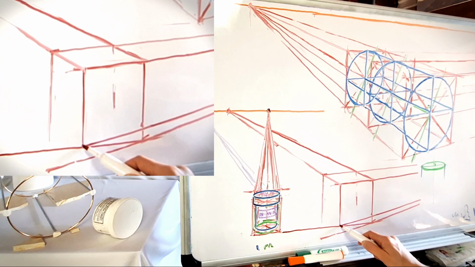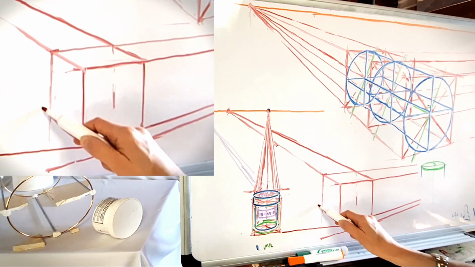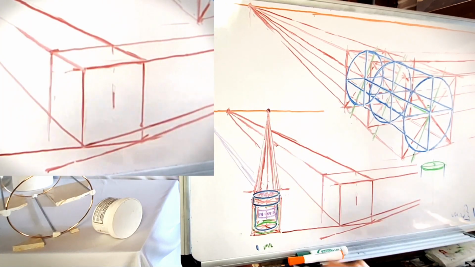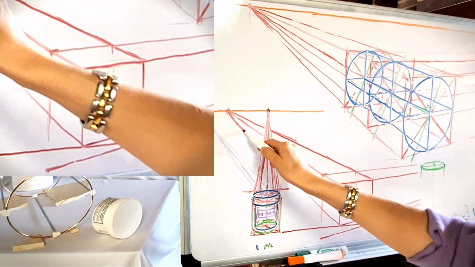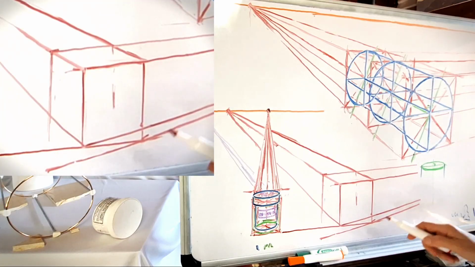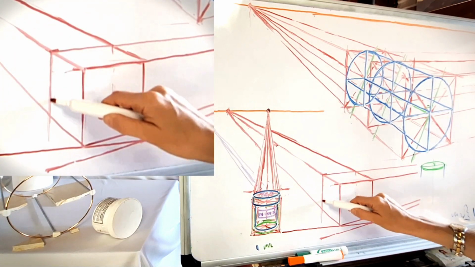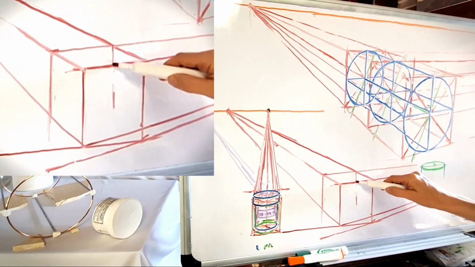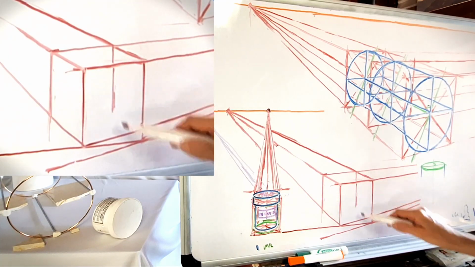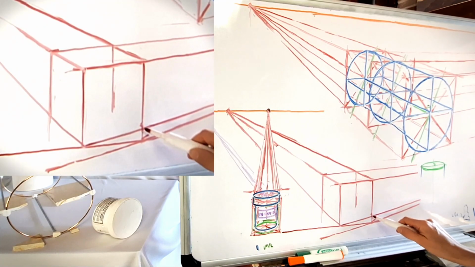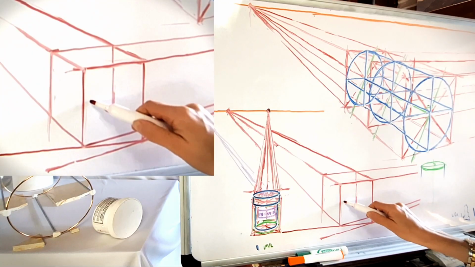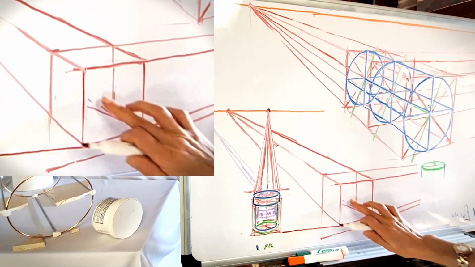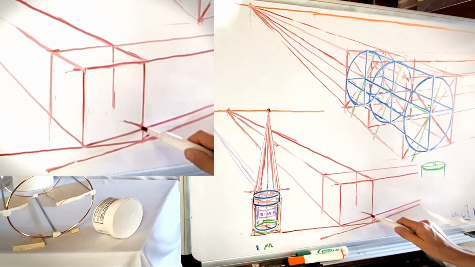But before we do that, we can connect this with our vanishing point. Good enough? I guess that's good enough. And so that gives us a definite back of the box here. We can now drop exactly straight line here. We can now connect this to our vanishing point as well. Come on.